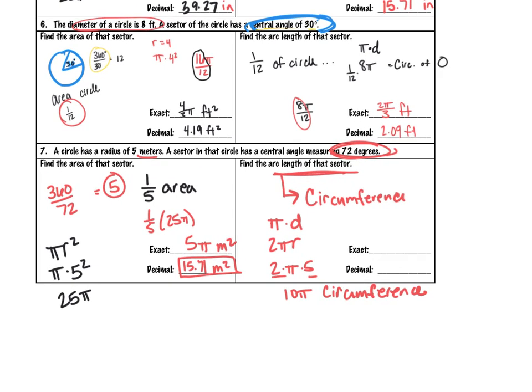I only want 1/5 of it. So I'm going to take 10 pi divided by 5. That's going to give me an exact answer of 2 pi, or 6.28.